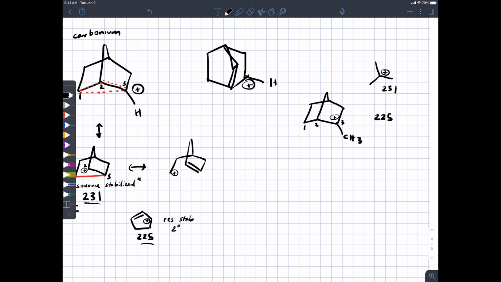So this one is probably localized. See what we're doing? We're comparing tertiary here with tertiary there. Maybe that's not the best model compound, but it's close.